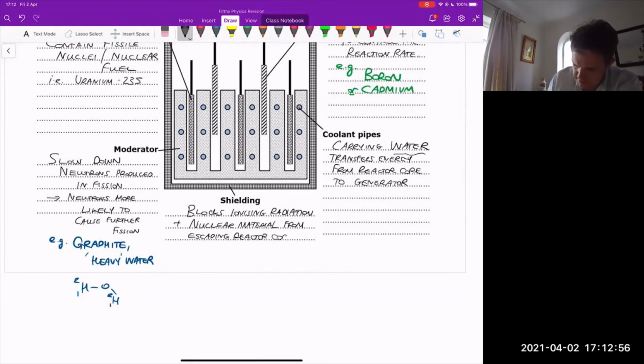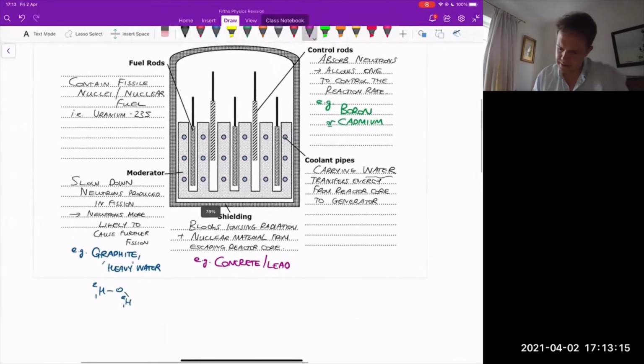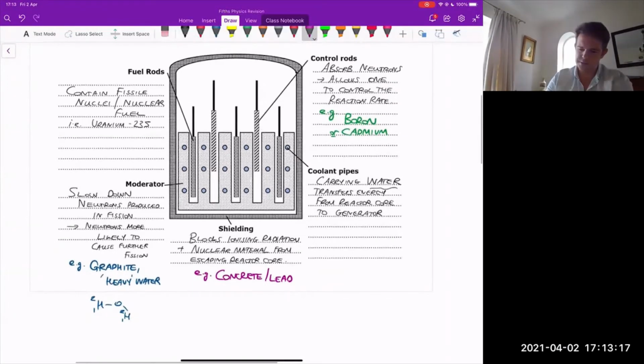So usually it's kind of lead, for example. I mean, to be honest, it's going to mainly be concrete. So usually meters of concrete are used, but you could use lead as well. Okay, so that sort of summarizes the different parts of a nuclear reactor.